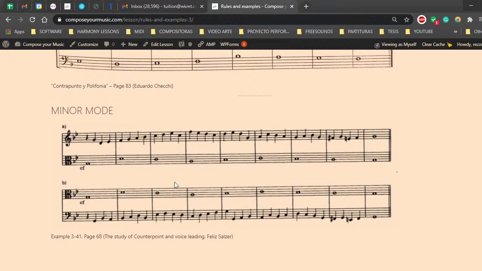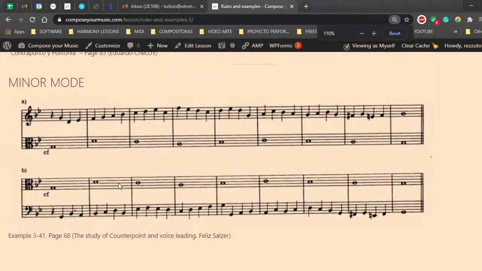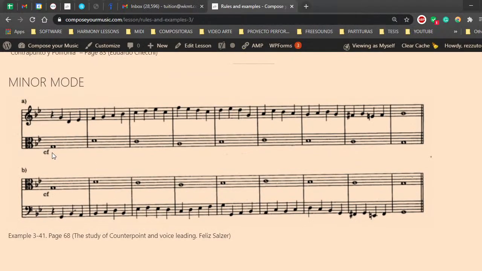And in the minor mode, you have kind of the same thing. The only thing is that if you see you have G minor, be careful with it again with the cantus firmus, because it's a viola with a G. And then at the end, you will have the A supertonic, G tonic, and then you can perfectly have this setting: leading tone, tonic, sixth degree raised, seventh degree raised, tonic.